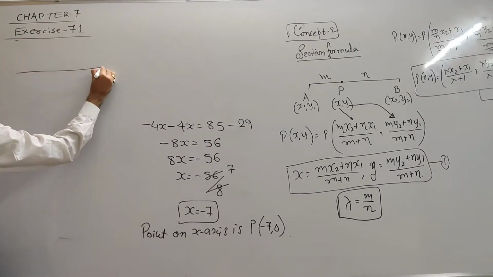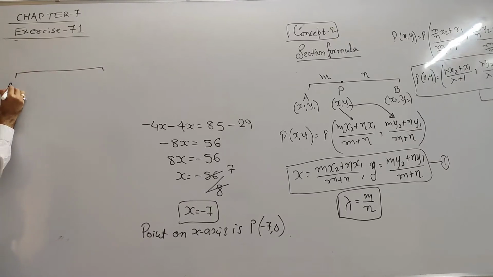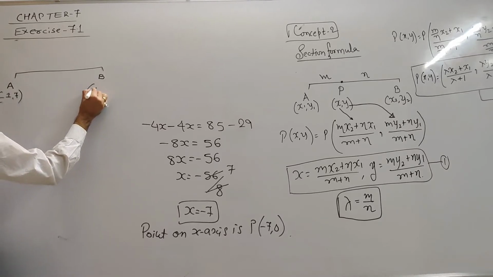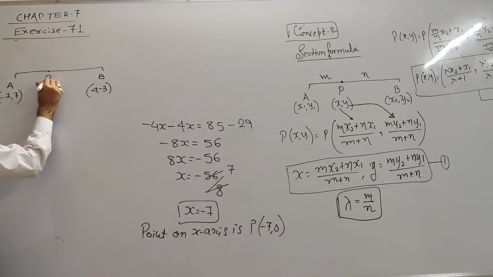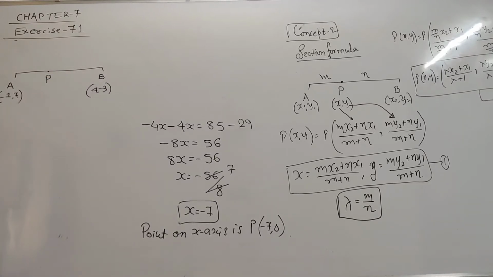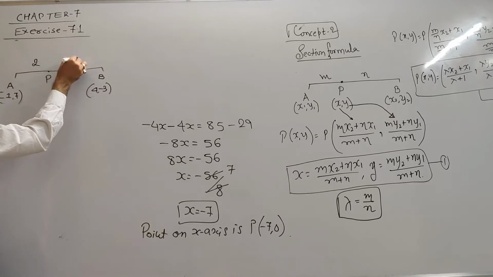For example, two points are given to you, A and B. The coordinates of A are -1 and 7. Similarly, the coordinates of B are 4 and -3. And one point P divides the line segment AB in the ratio of 2 by 3.